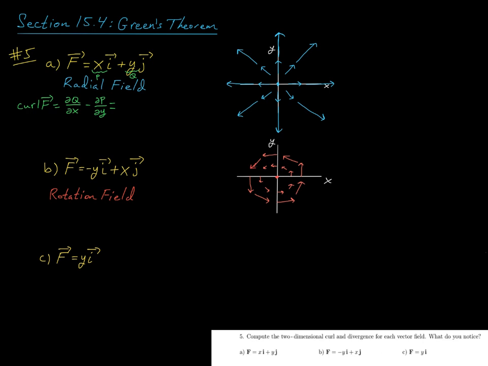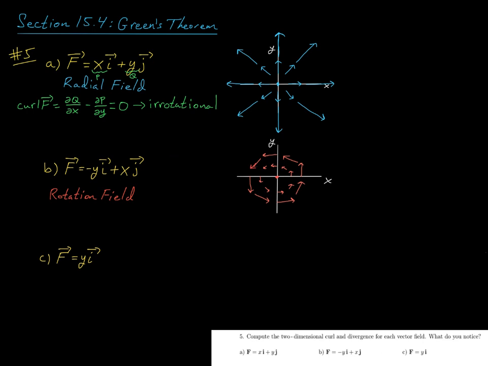And the x derivative of Q is 0, and the y derivative of P is also 0, so this is just constant 0. And since this is equal to 0 for all points in the xy plane, we say that this vector field is irrotational on all of R2.